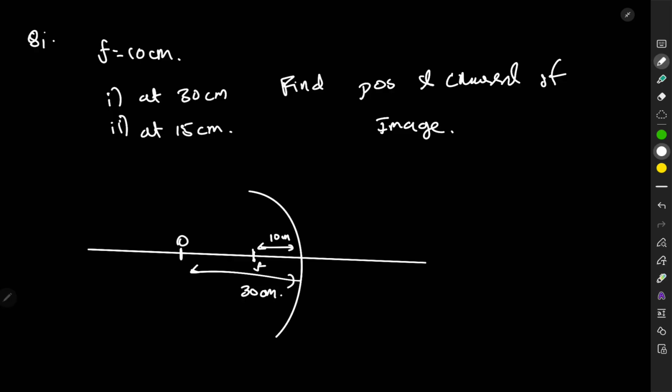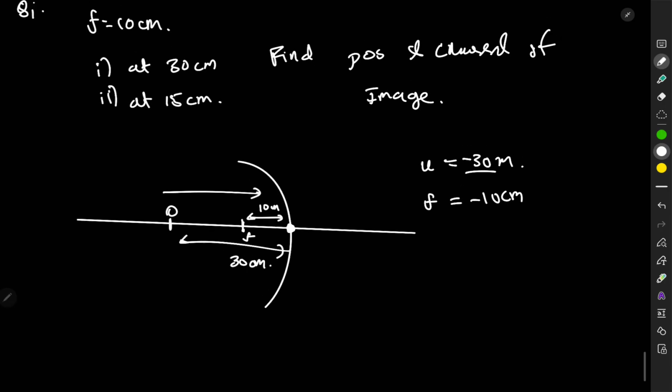The incident ray will go like this, and the distance will always be measured from the pole, which I said before. So u will be minus 30, and the focus will be negative as well, minus 10 centimeter.